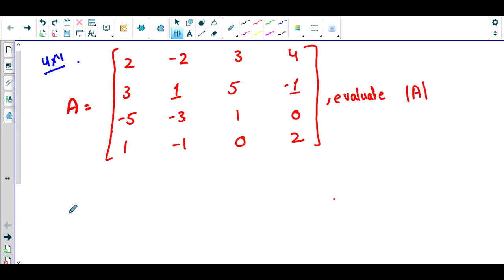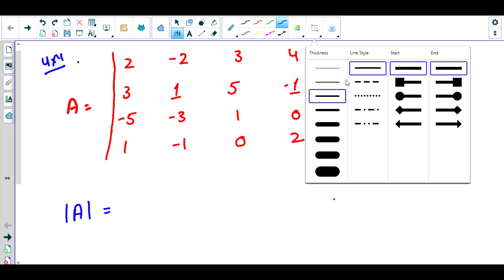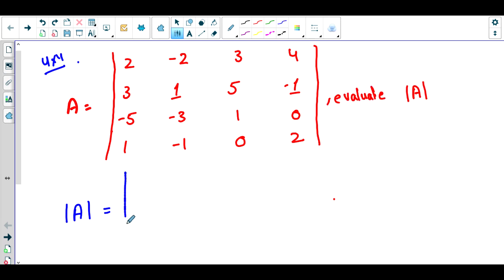Let's say I have this matrix A, and I want to find the mod of this one, so I can rewrite it like this. I have to change the brackets. This is what I want to find now. What if I do like this? This is my row 1.